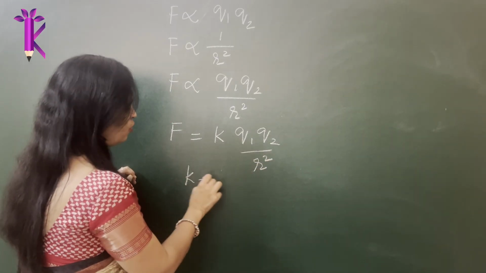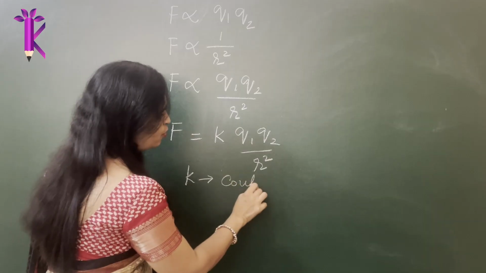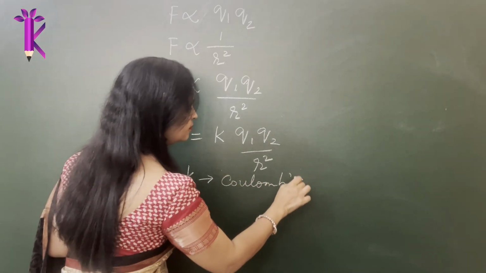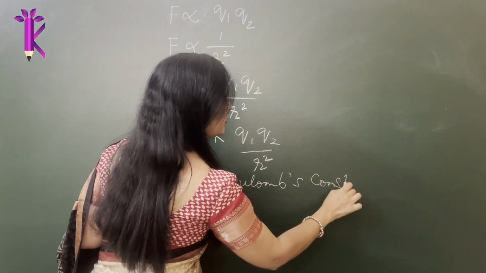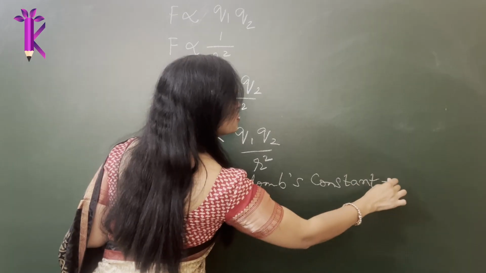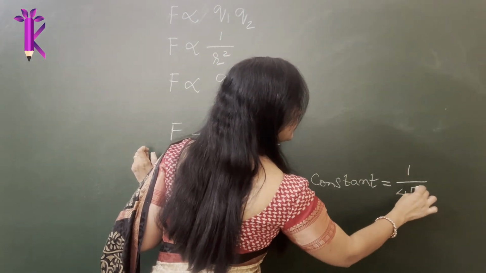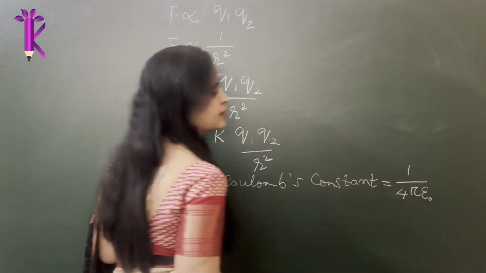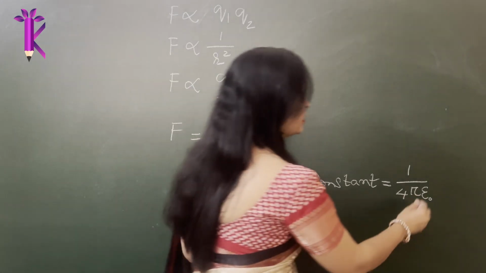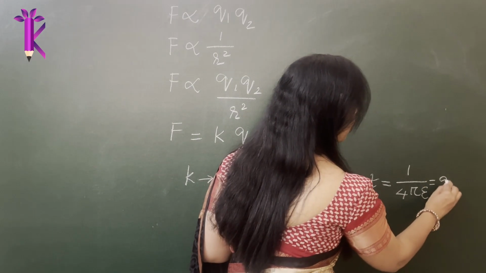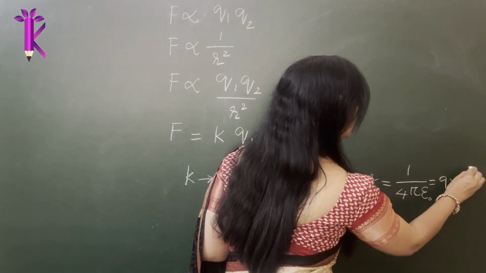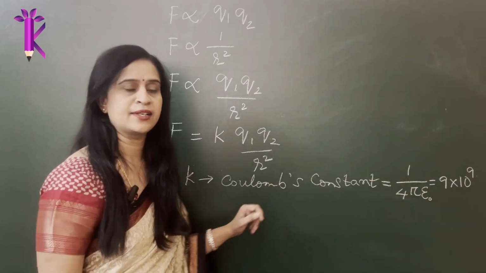K is called the Coulombian constant or simply Coulomb's constant. And what does it depend upon? Coulomb's constant is given by 1 by 4 pi epsilon naught. Okay, what is the value of 1 by 4 pi epsilon naught? It is 9 into 10 to the power of 9.